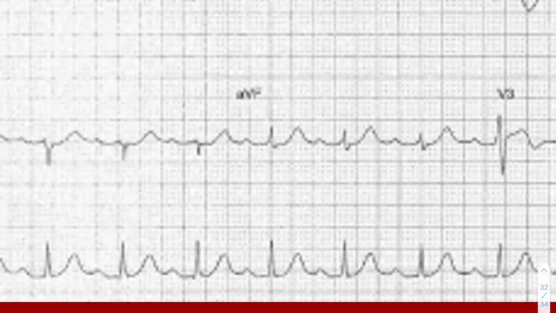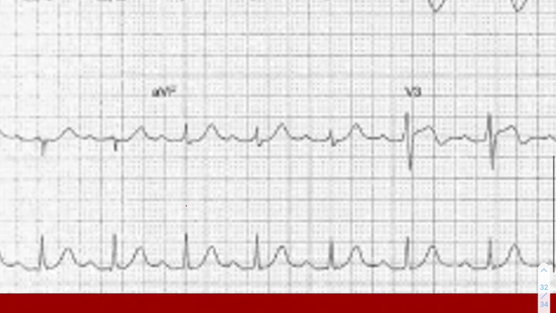We're going to look for an R peak like this one that's as close as possible to the line of a big box, and then we're going to count our big boxes. 1, 2, 3, and this is somewhere between 3 and 4, but let's just call it 4. 300 divided by 4 gives us a rate of about 75.